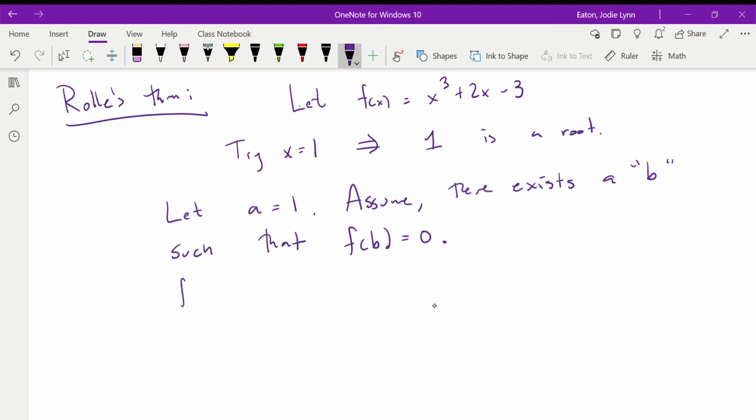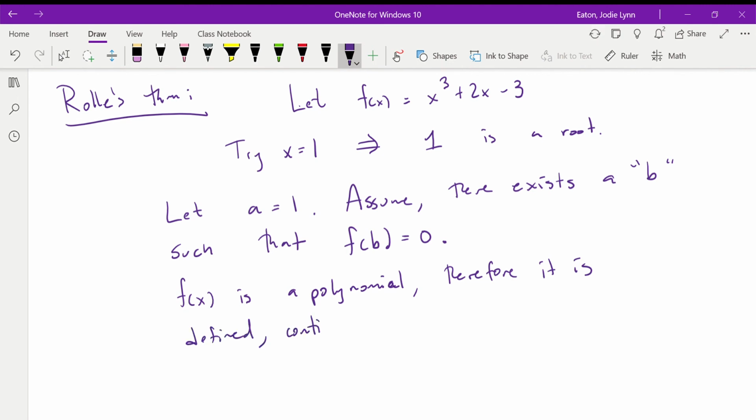f of x is a polynomial. Therefore, it is defined, continuous, and differentiable on negative infinity to infinity. So it's defined, continuous, and differentiable everywhere.